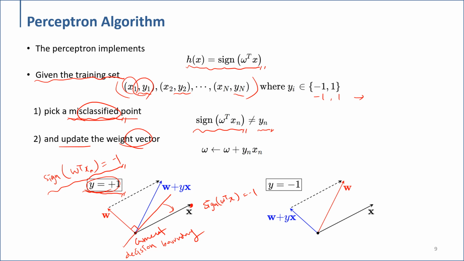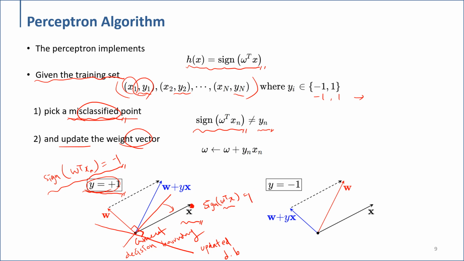By plotting the perpendicular line to this blue line, this would be our updated decision boundary. As you can see here, the misclassified point would now be correctly classified. With the updated weight vector, the sign of this would be +1.